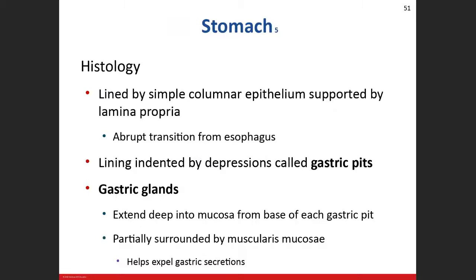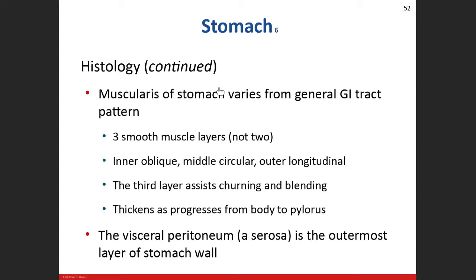The next layer, right after the mucosa and the submucosa, is the muscularis layer. Here's an interesting fact about this. There are 3 layers of smooth muscle. Normally we see 2.